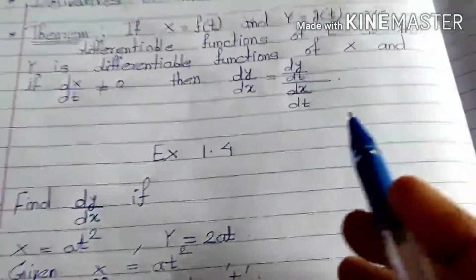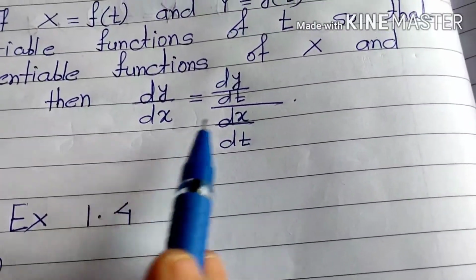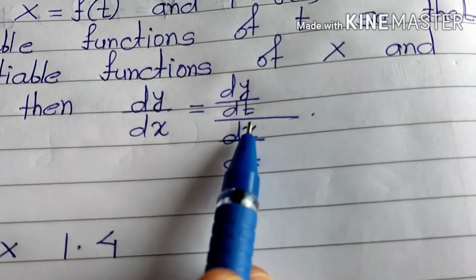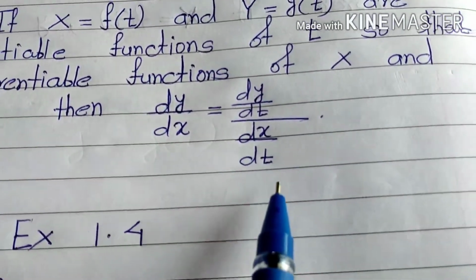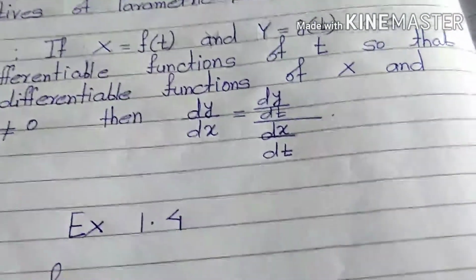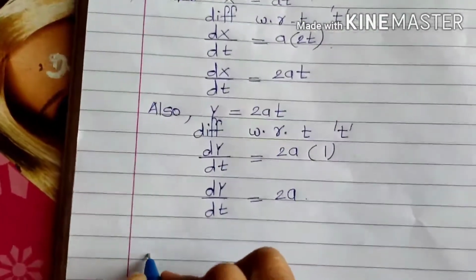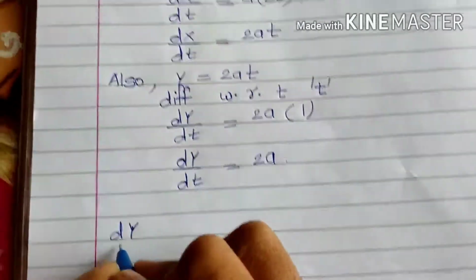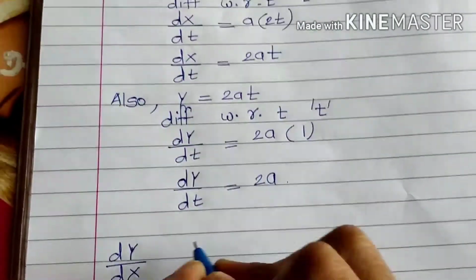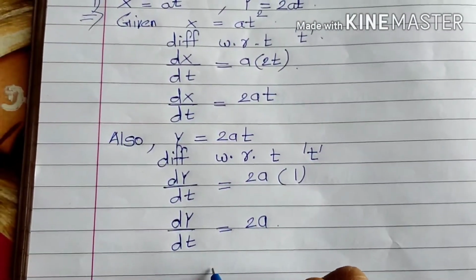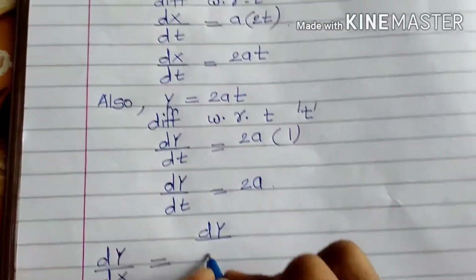Now we know the formula: dy upon dx is equal to dy upon dt upon dx upon dt. So using this, dy upon dx is equal to dy upon dt.